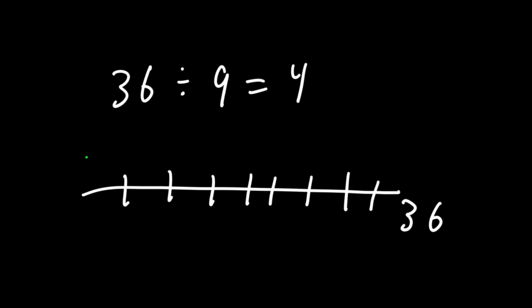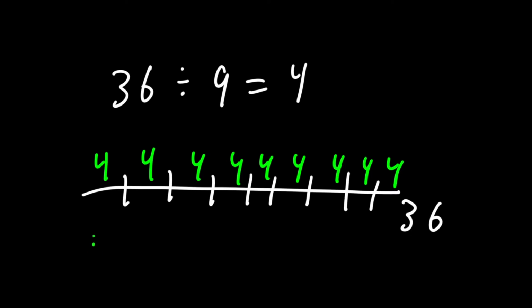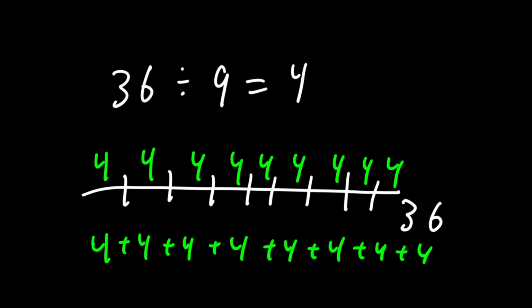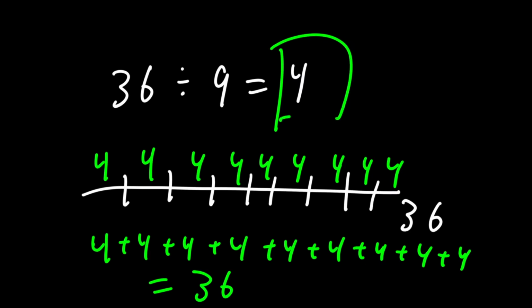So now that we have 9 equal parts, let's put 4 in each part. And so this would be 4 plus 4 plus 4 plus 4 plus 4 plus 4 plus 4 plus 4 plus 4, which equals 36. So we know we have the right answer.